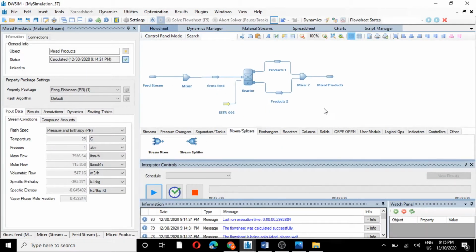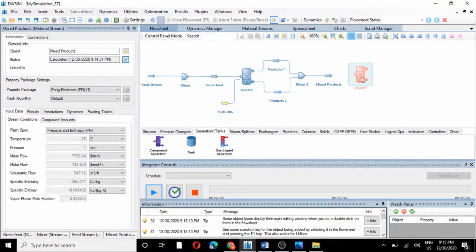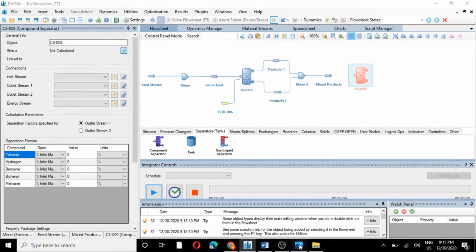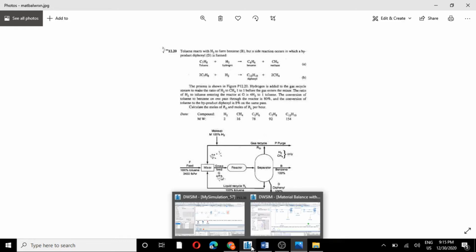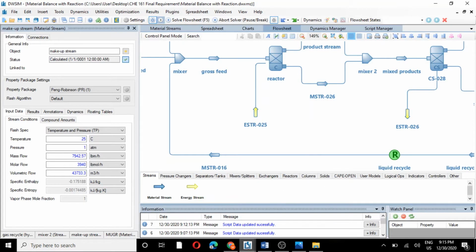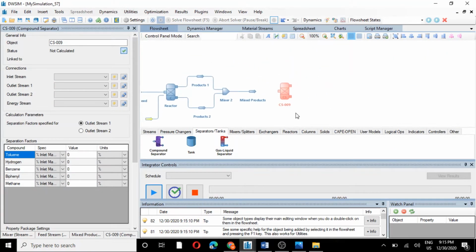separator. So the separator here, we have compound separator, and since in the problem the separator has 4 outlet streams, while in the simulation only have 2, what we're going to do is add other compound separators.